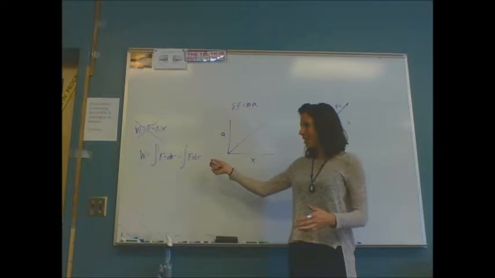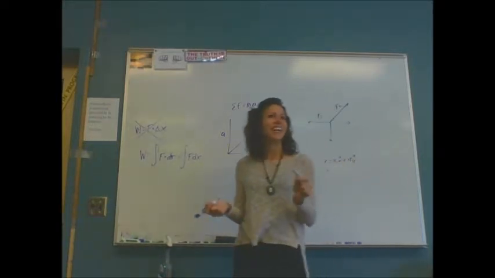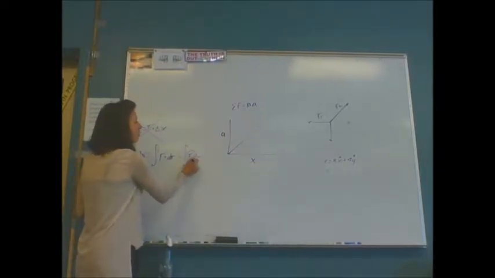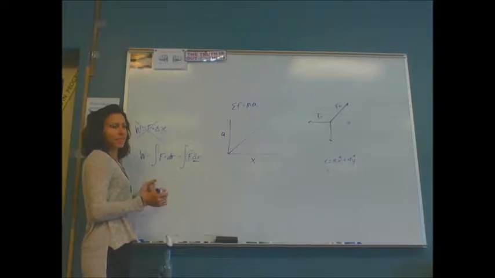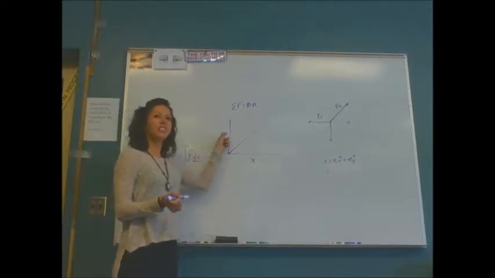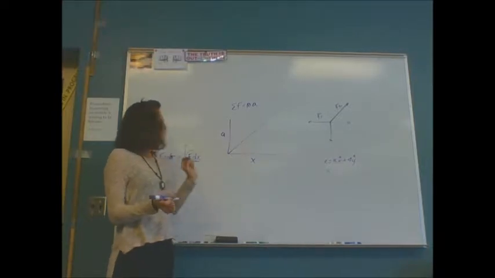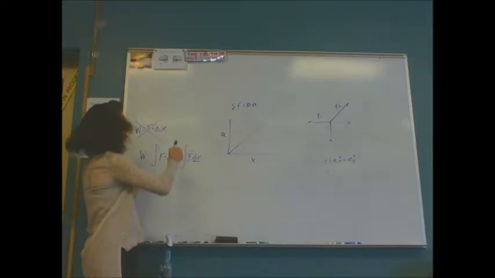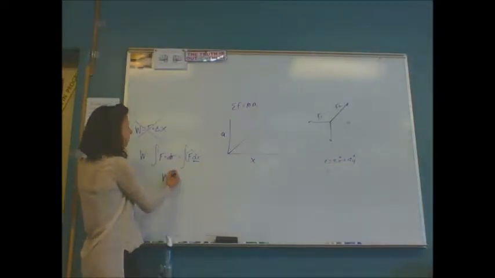And so we don't exactly have that. What we have is acceleration. But here's a good way to think about it. We're talking about force, which is equal to mass times acceleration. So instead of writing f there, I'm going to write ma. And this mass is a constant, and you can take constants outside of an integral.